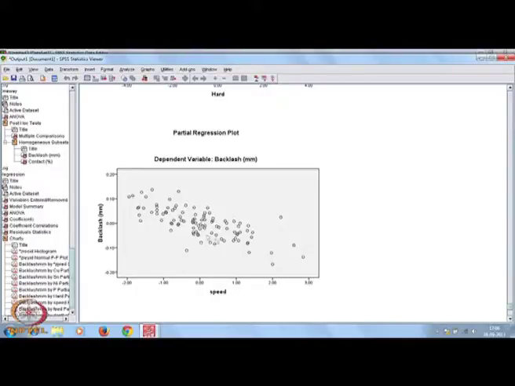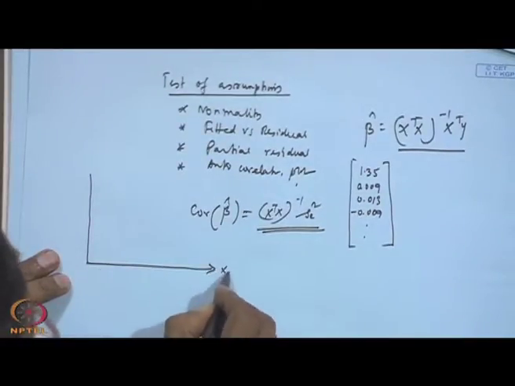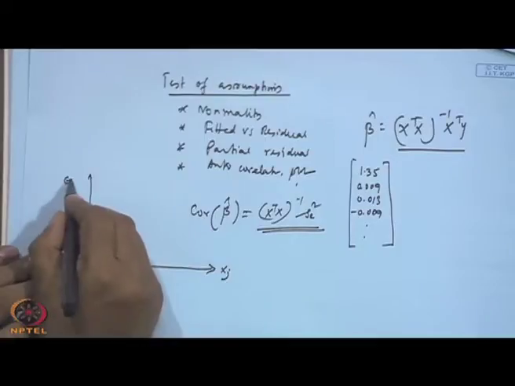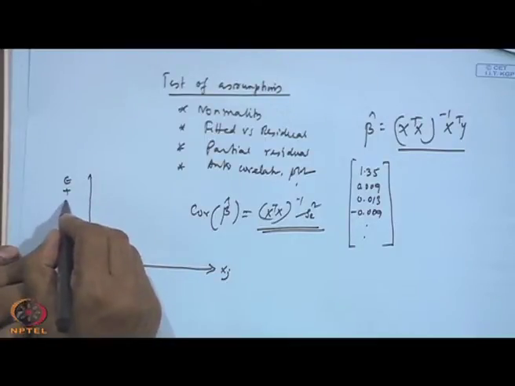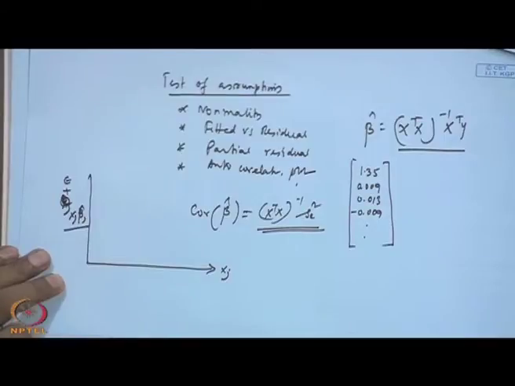In the residual plot, this is xj, and this side is error plus xj beta j cap.